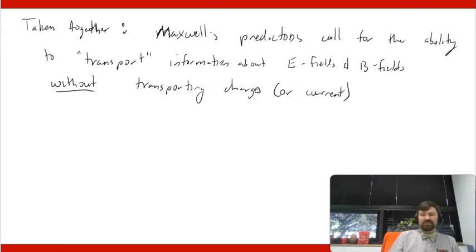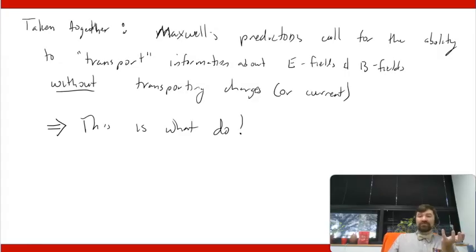So what does this sound suspiciously like? Where else have we encountered the ability to transport information about something without actually transporting the thing itself? Well, that is just what waves do.